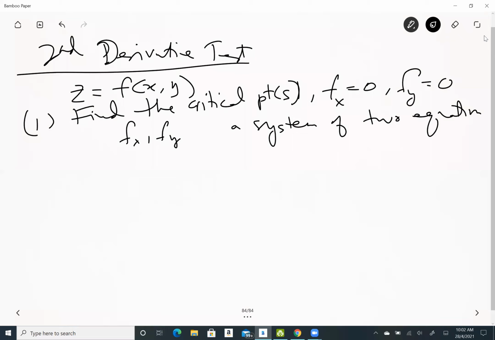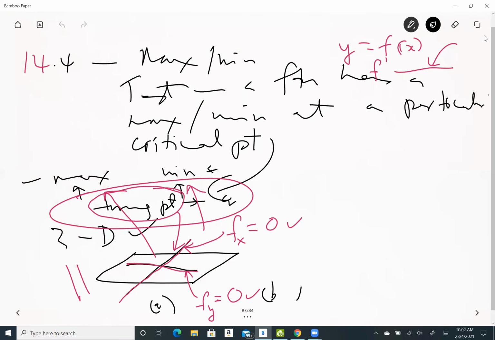Basically, two equations, fx and fy. If you go back to the diagram, fx and fy, the horizontal line goes along the y-axis and the other goes along the x-axis. You'll see there's an intersection, and you need to find the critical point.